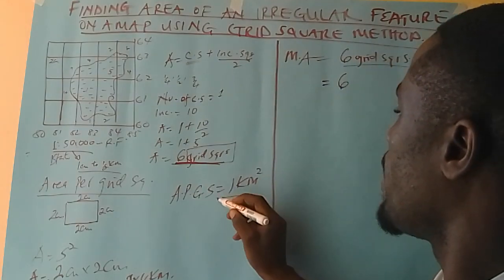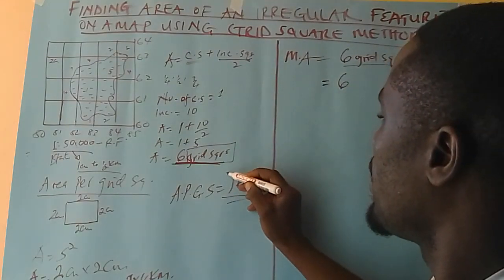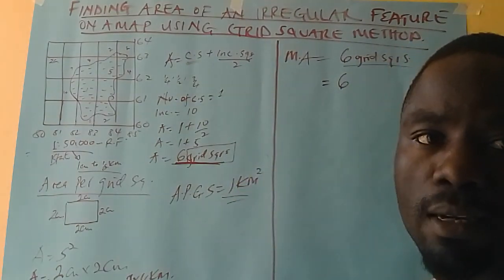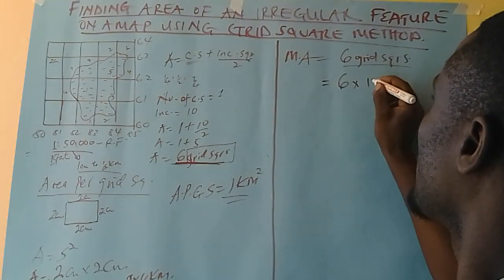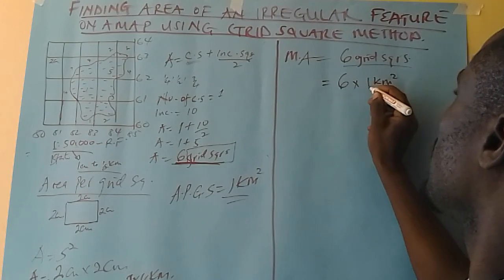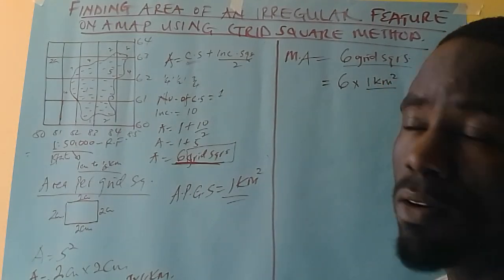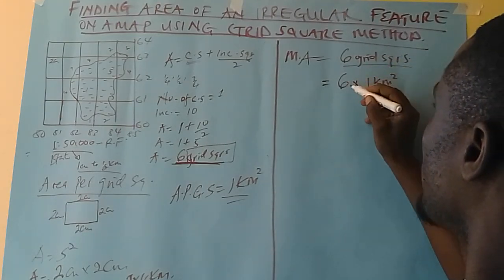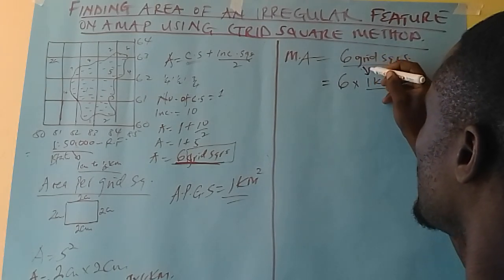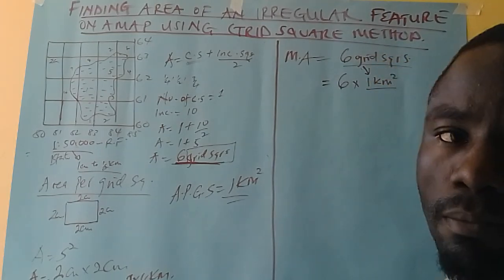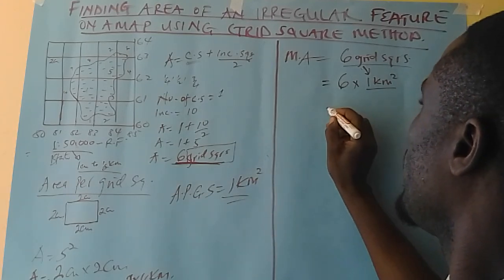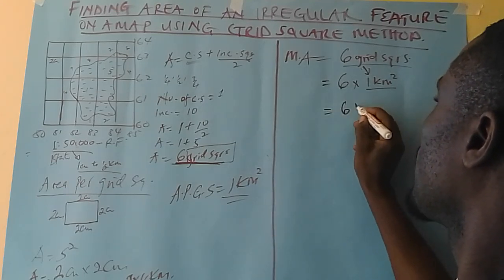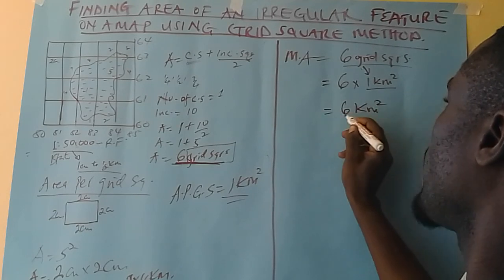Where there is a grid square, here we shall put what a grid square represents on the ground, meaning 6 times kilometer squared, because every square is 1 kilometer squared. So these are 6 grid squares. This is the grid square. Hope you are getting it. So meaning our area is going to be 6 kilometers squared.